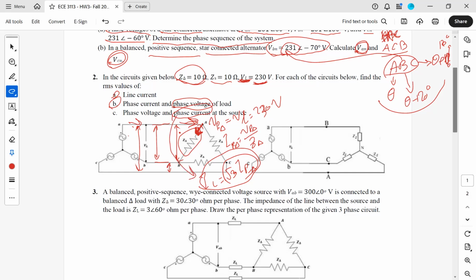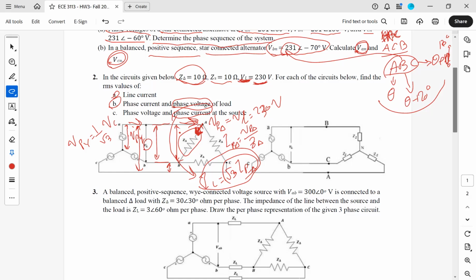For the phase voltage, we know the phase voltage in a star connection has that 1 over square root of 3 rule with the line voltage. So the amplitude is going to be 1 over square root of 3 times the line voltage, which we have, and the theta is going to be plus 30 that we talked about. So using these rules, we can answer all 3 parts for the first one.